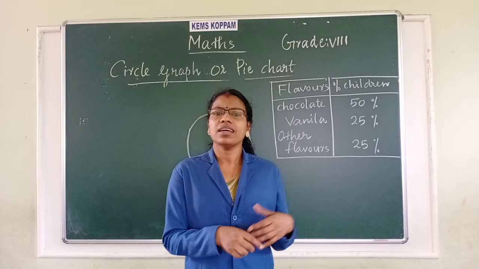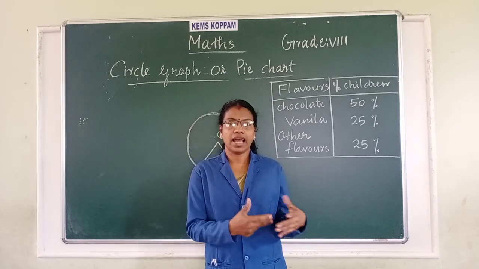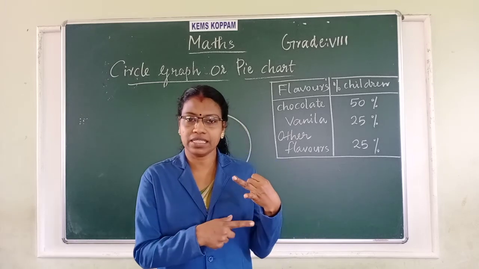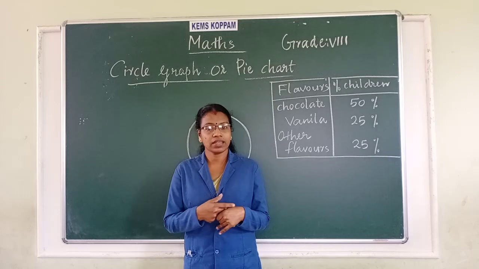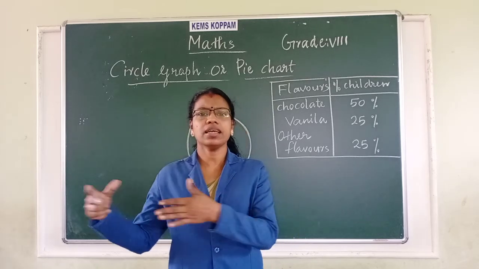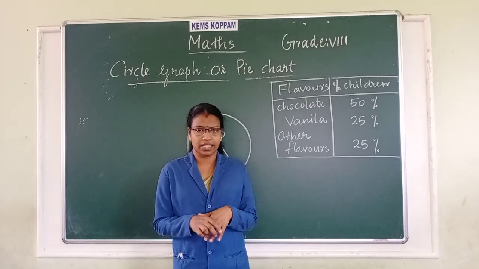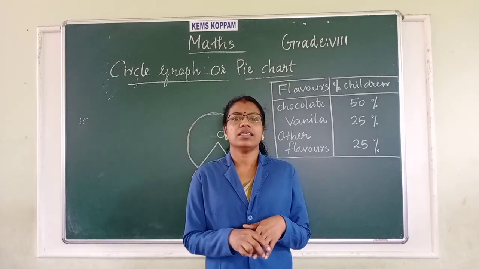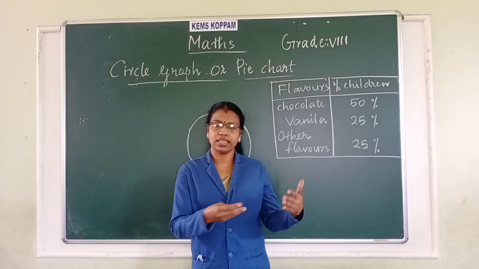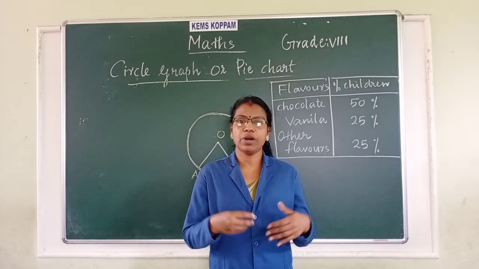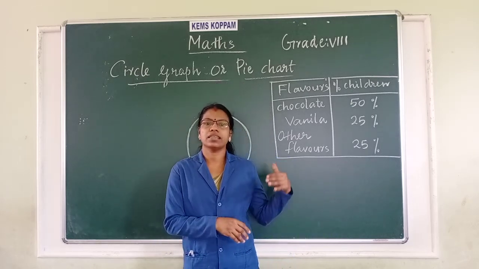It is a part of a circle, like radius, diameter, arc, segment, chord, etc. A sector is a part of a circle. You will learn in detail the parts of a circle in your 9th standard. Now let us just discuss sectors.